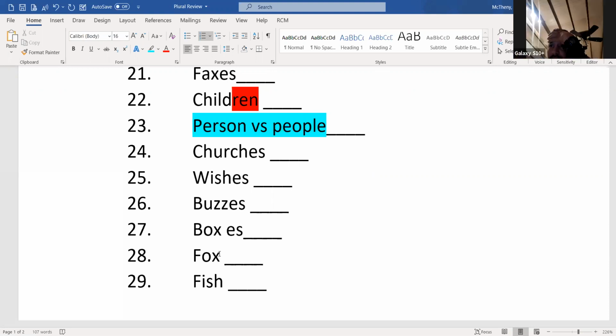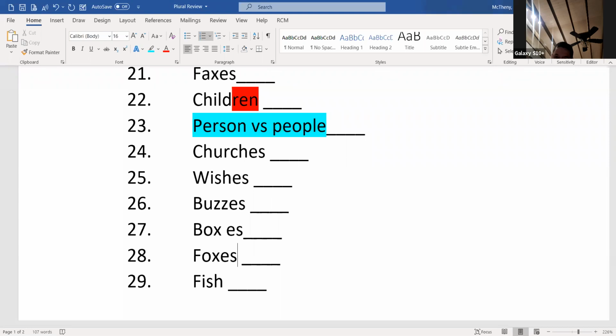ES. Very good. If it's CH, SH, Z, or X, we add ES to make it plural. Very good.